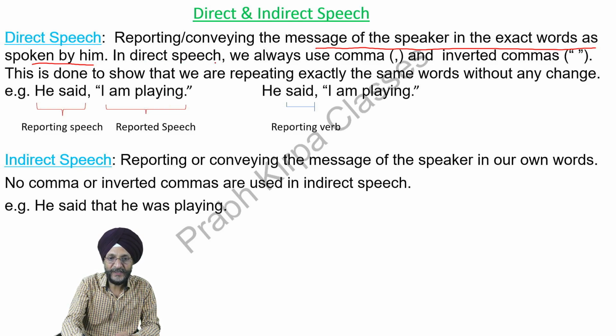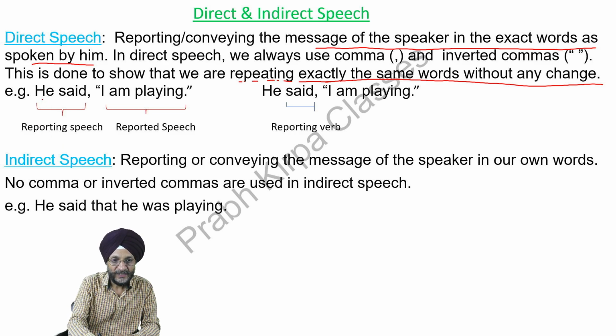Let us read. In direct speech, we always use comma and inverted commas. This is done to show that we are repeating exactly the same words without any change. You will see "he said" means this is the reporting speech. Someone is reporting as has been spoken by someone. This is what has been spoken by someone. This part of the sentence is reported speech.